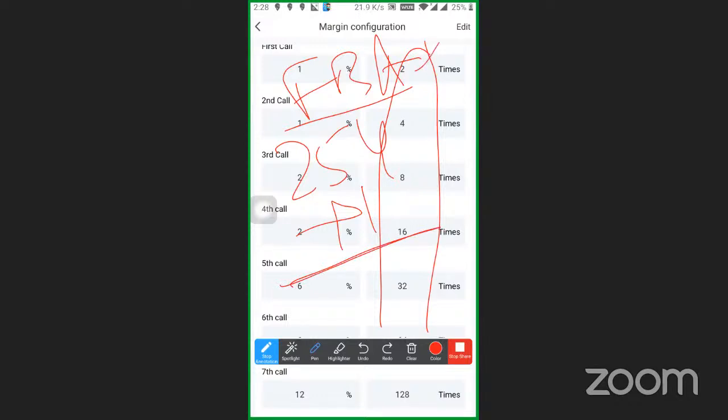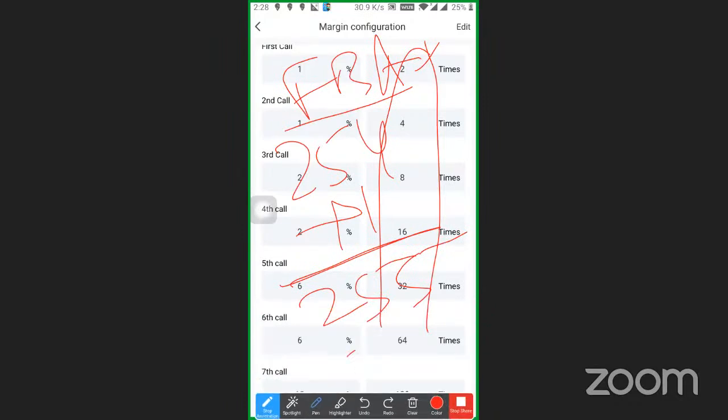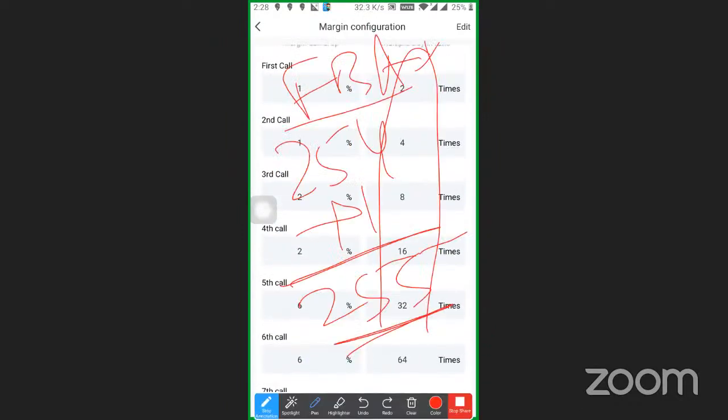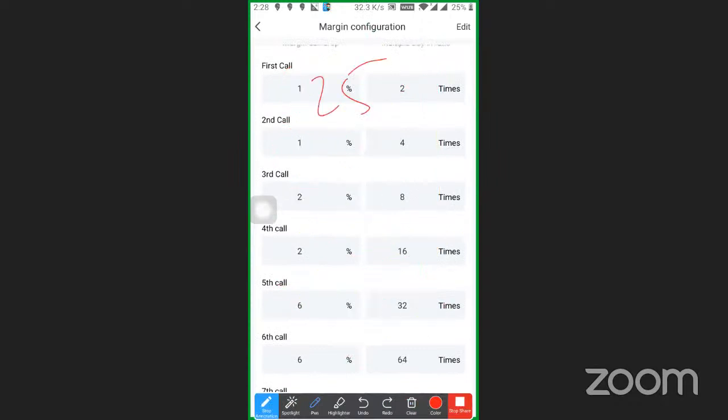The first buy we haven't counted in the margin calls. So always add 1 after you add up all these figures. Just add 1 and the total will be 255 times, right? 255 times. So if we add 255, let me go to the calculator and do this for you.